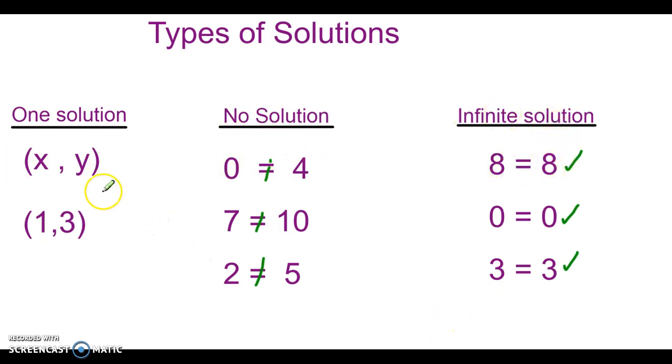So I would expect you to write down that 1 solution is written as an ordered pair. No solution, an example of that would be 0 equals 4. That's untrue, so that's no solution. And then infinite solution, 8 equals 8. That is a true statement. Pause the video here if you need to take time to write that down.